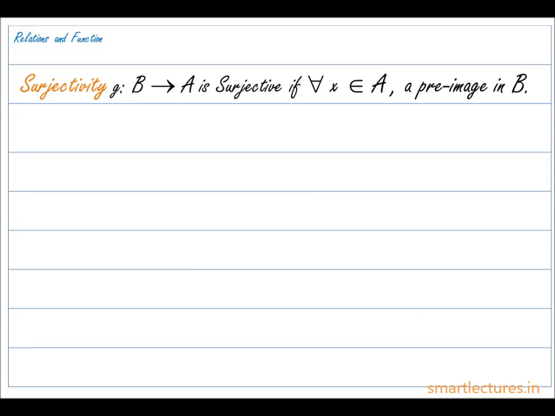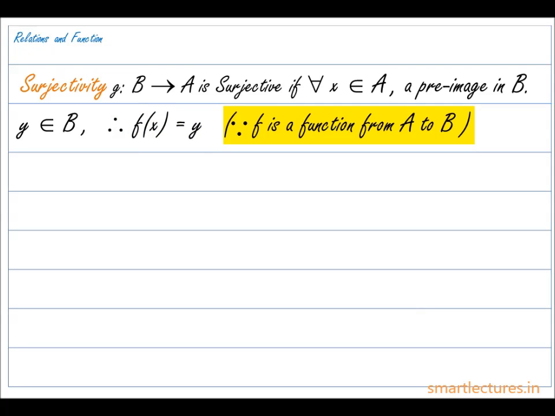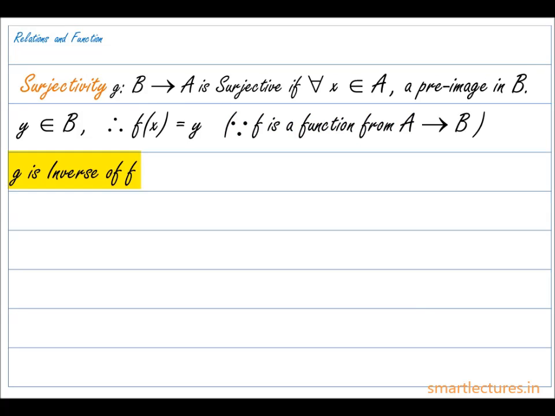Now suppose y is an element from set B, so f of x is equal to y, because f is a function from A to B. And now g is the inverse of the function f, so that means g of y is equal to x.